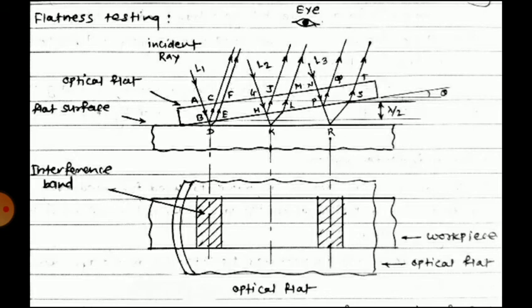At some point Z, the ray path difference has increased by half a wavelength. The waves will be in phase and a bright band will be seen. A further increase of half a wavelength will produce a second dark band at Q. So depending upon the air gap between the surfaces, we will get alternate dark and bright bands due to interference of light.